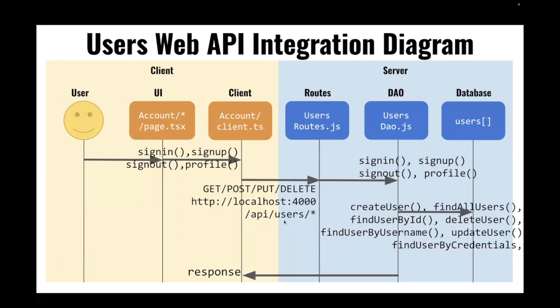We will use plural nouns, right, to specify the subset of data structures that we are operating on. So here it starts with API users, indicating that we are going to be creating or deleting or updating, right, or retrieving users. Okay, and there's going to be several operations here, typically for sign in, sign up, and whatnot, right?